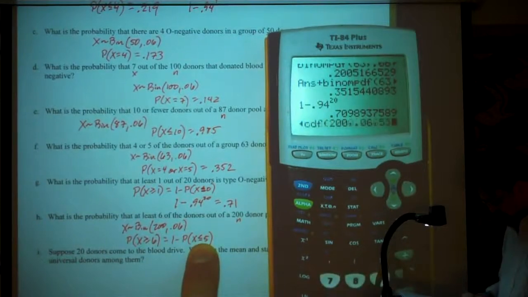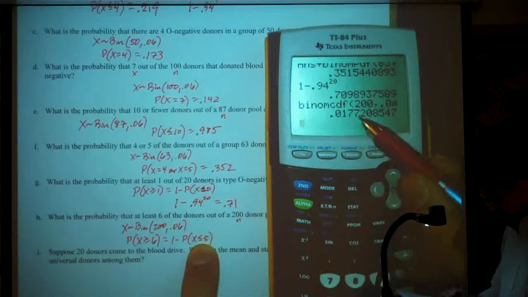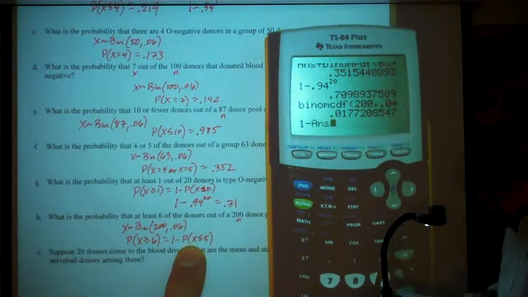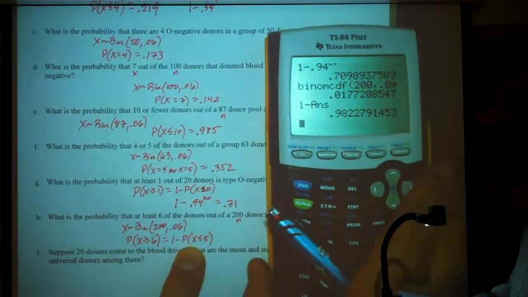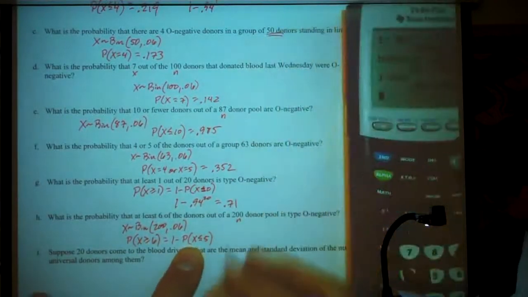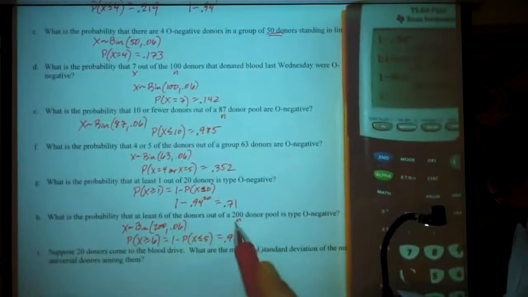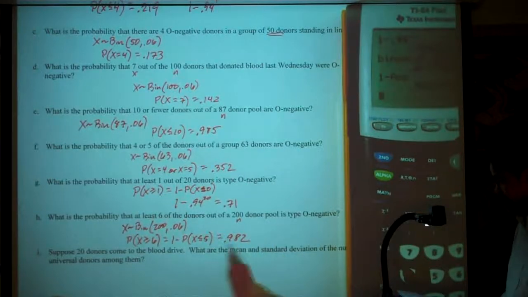So I say 5, and I get 0.0177. But what I really want is 1 minus that. So I'm going to say 1 minus answer, and that gets me 98%. So 98.2%. So if I get 200 people, I can be pretty darn confident that at least 6 of them are going to be type O negative. Okay?